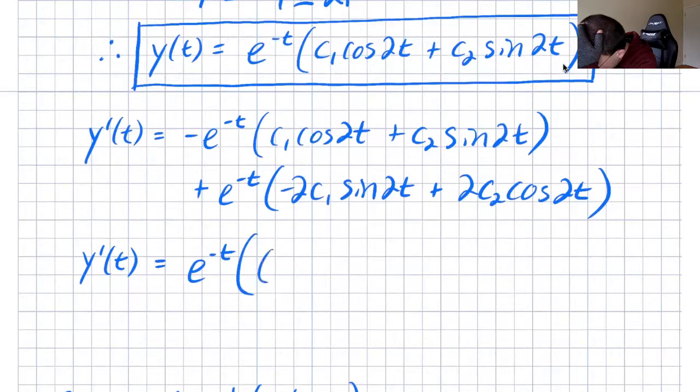I'm going to have negative c1 minus 2c2 c1. Oh, no, I almost made a mistake. The cosine is here and here, so it'll be negative c1 plus 2c2. And then this will be negative c2 minus 2c1.